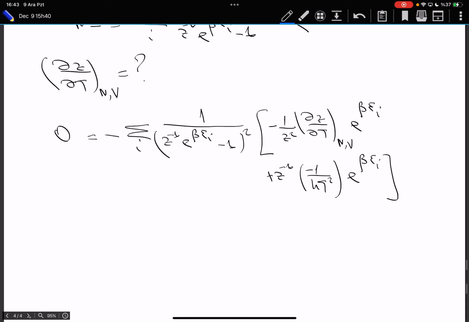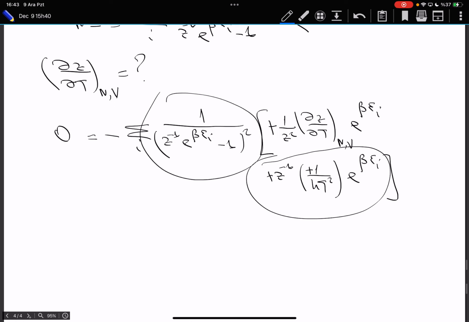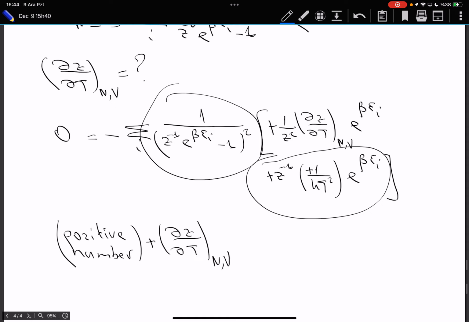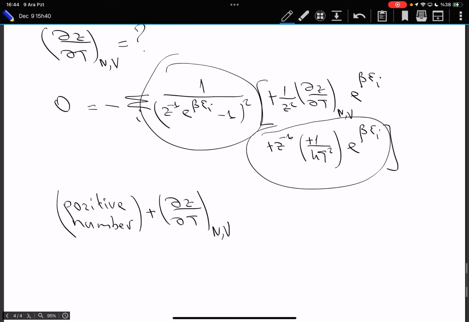Well, there's an overall minus sign. Let me just cancel those. You see, this term with this coefficient, they're all positive. So that term is a positive number. Whatever the temperature and the volume are, that term is positive. If you look at the coefficient of del z by del T at a constant number and volume, well, everything that multiplies it are again positive.